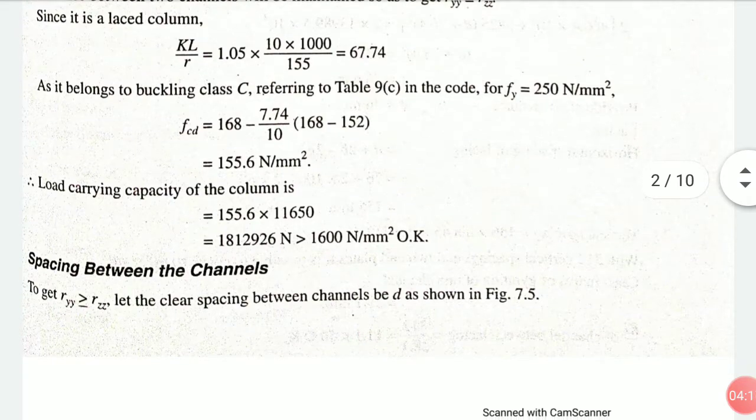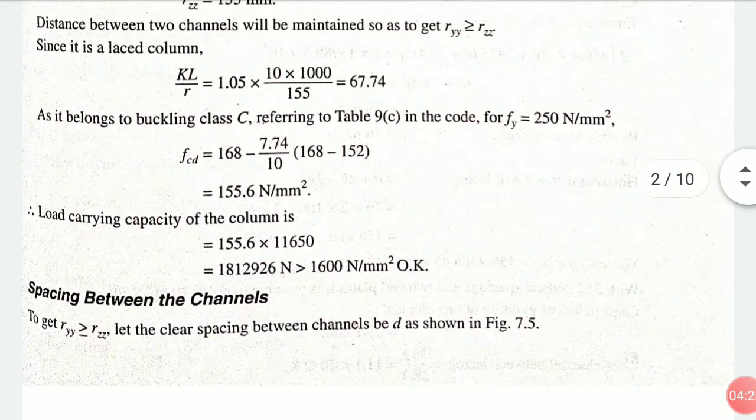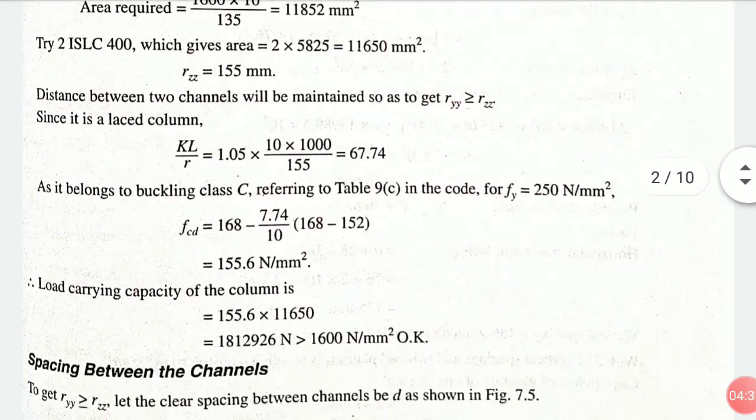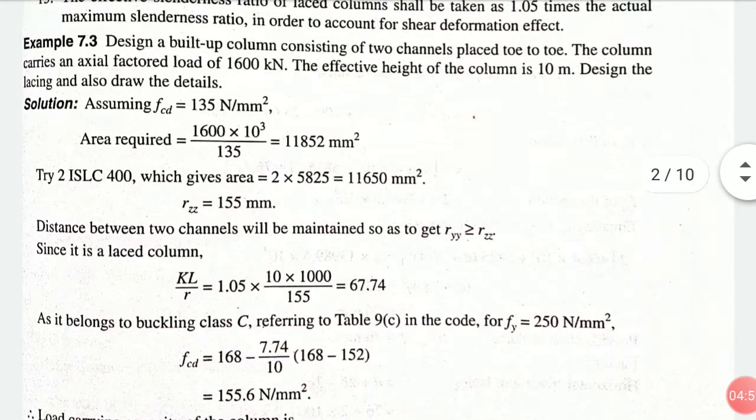Okay, from interpolation I have got it, multiplied by the total area of the compression member, that is 11,650 mm square we have. So it will be carrying 1812 kilonewtons. Okay, 1812 kilonewton load. So here it is greater than 1600 kilonewtons; the newton per mm square they have written is wrong here.